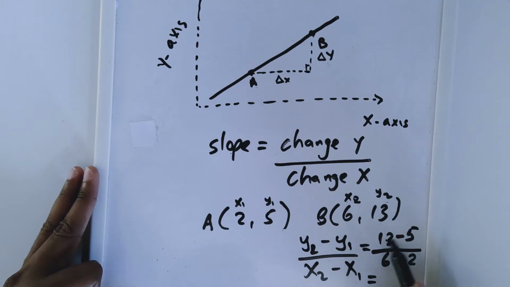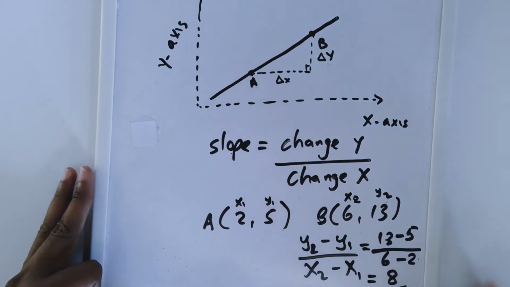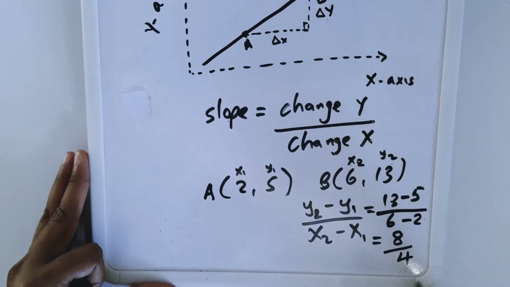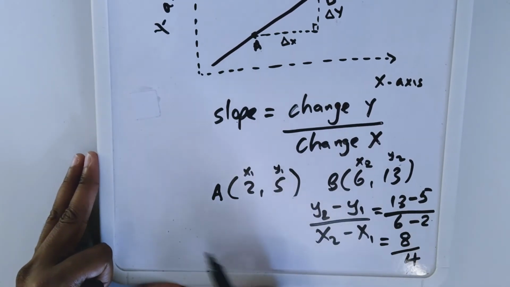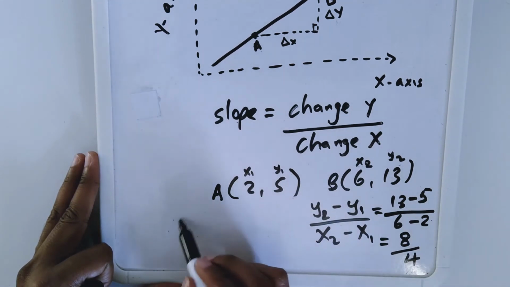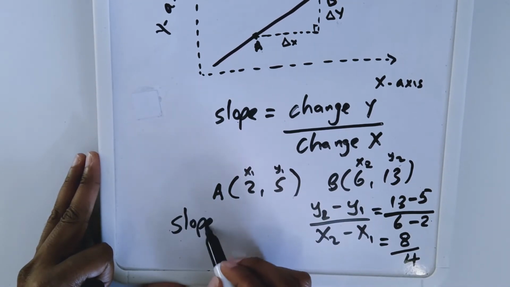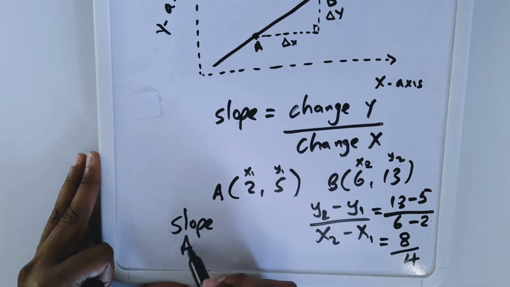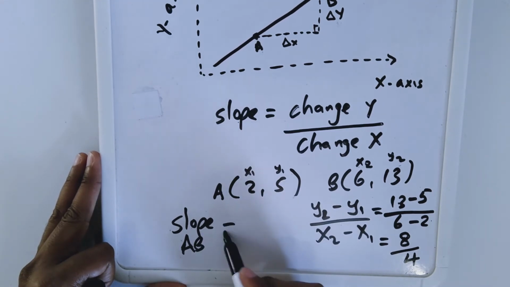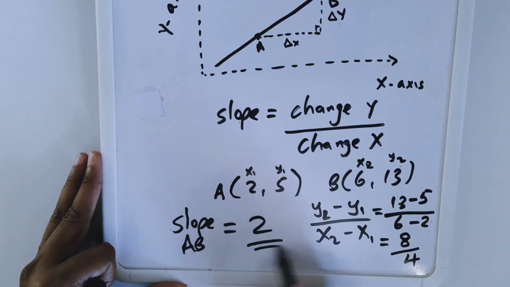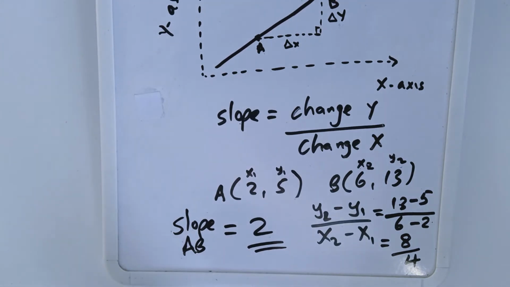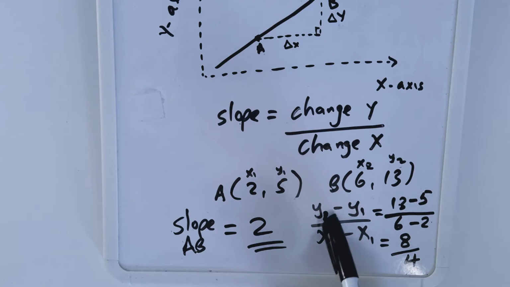This will give me 13 minus 5 is 8, and then 6 minus 2 is 4. So that will give me 8 divided by 4. Therefore, the slope from point A to P is 2. So always remember the definition of a slope. It's change in y divided by change in x.